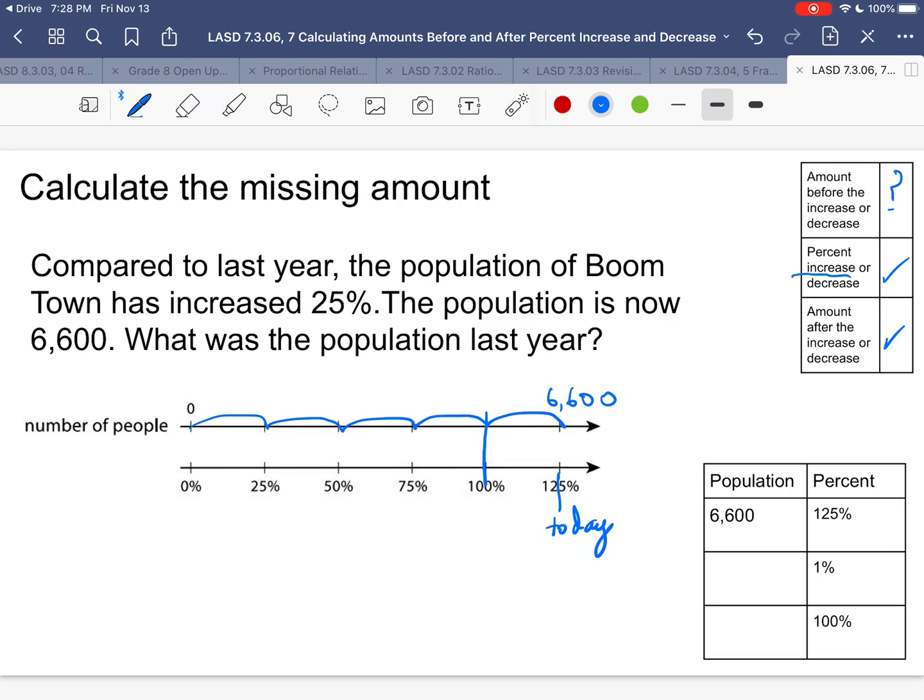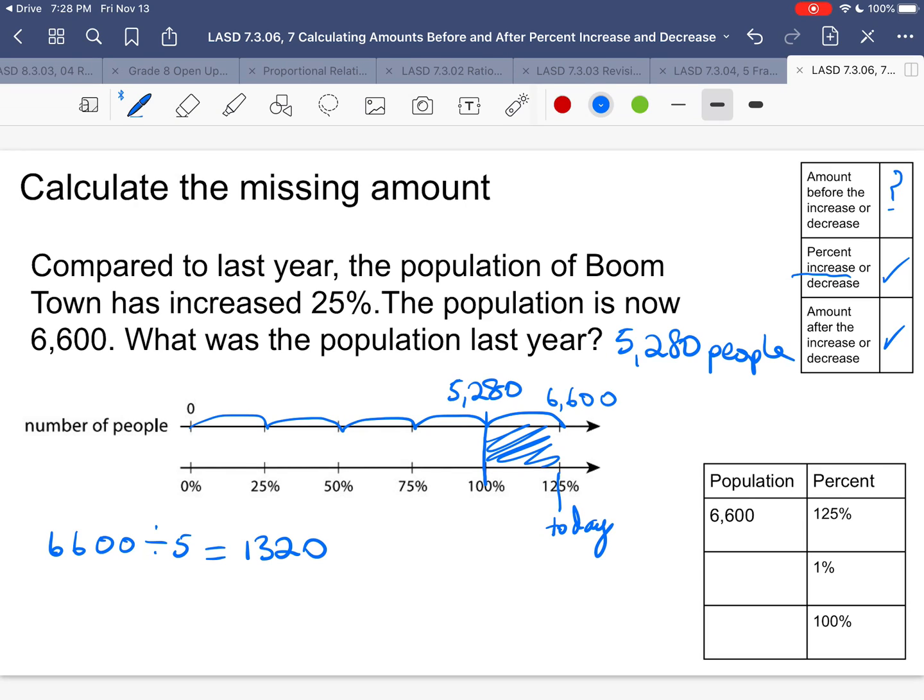To find one of the 25%, we divide 6,600 by 5, and we get 1,320. So we subtract that from 6,600 and we get the population for 100% at 5,280. So that was the population last year, 5,280 people. We could also solve this with a ratio table. Maybe I'll show you that in the next example, just to save time.